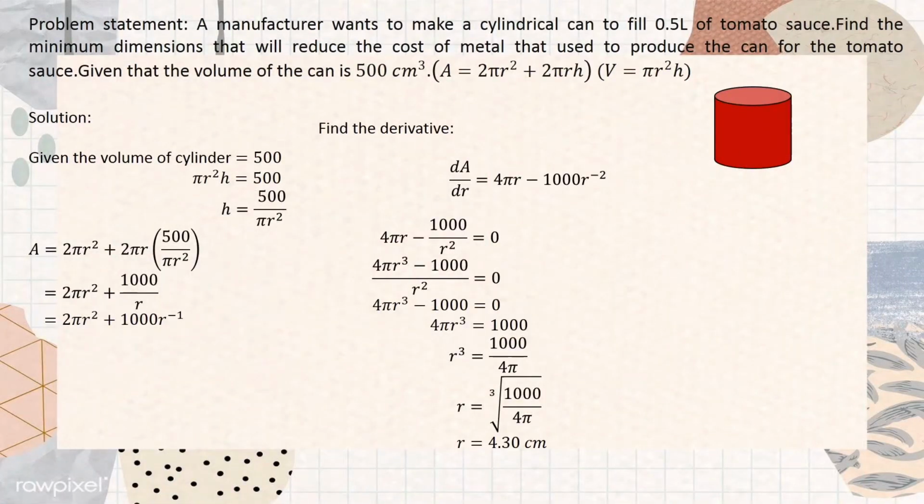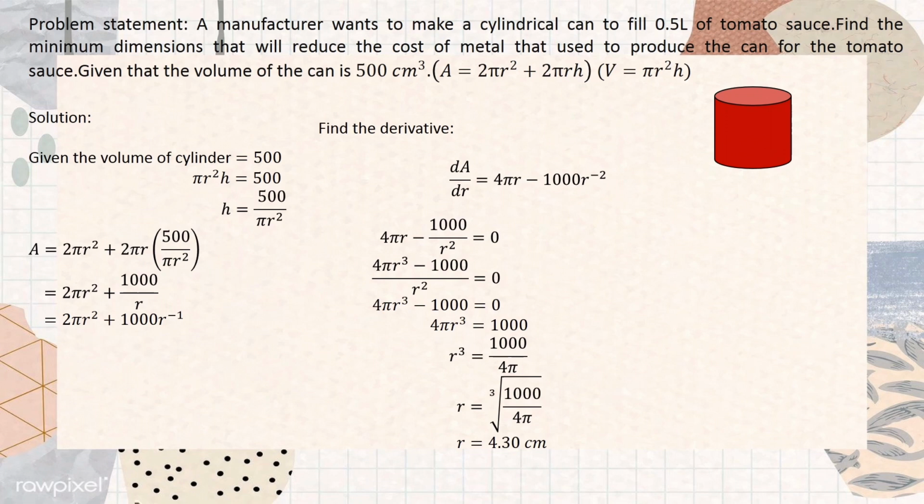The problem statement is: a manufacturer wants to make a cylindrical can to fill 0.5 liter of tomato sauce. Find the minimum dimensions that will reduce the cost of material used to produce the can for the tomato sauce, given the volume of the can is 500 cm3.